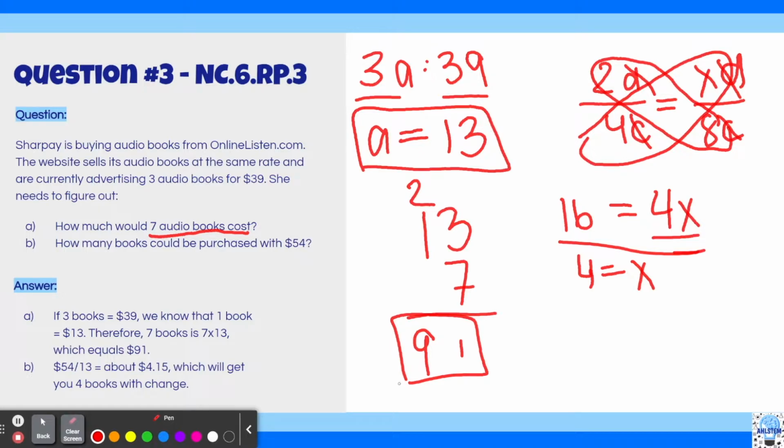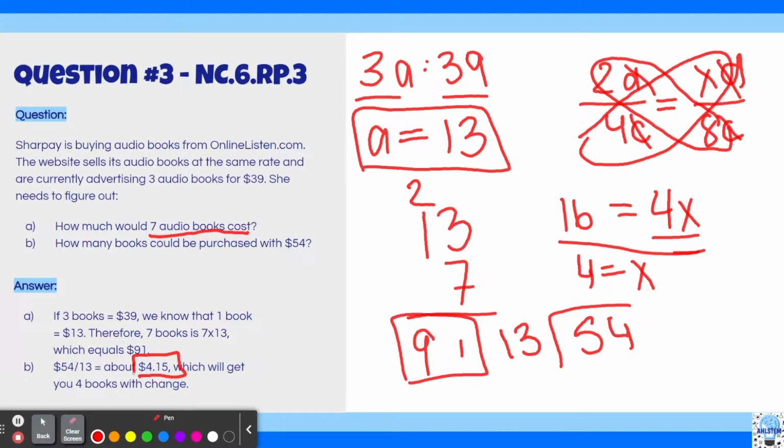Now, how many books could be purchased with $54? Since we found our rate for 1 audiobook, let's just divide 54 by 13. And like listed here, it's going to give you about 4.15 books. Note that this is an "about."